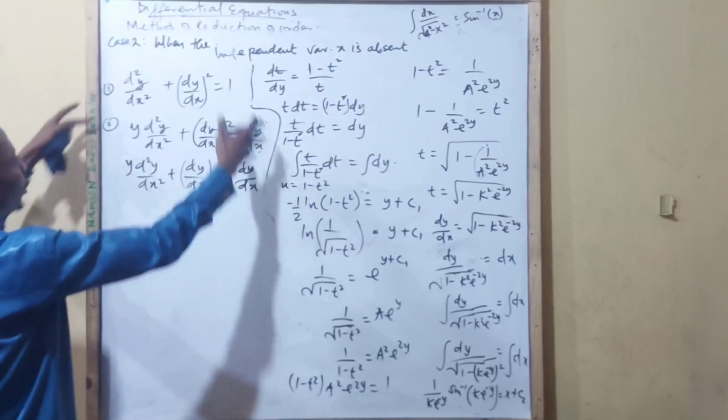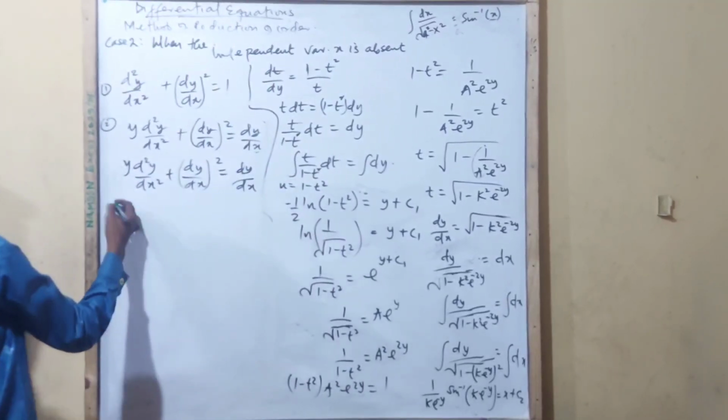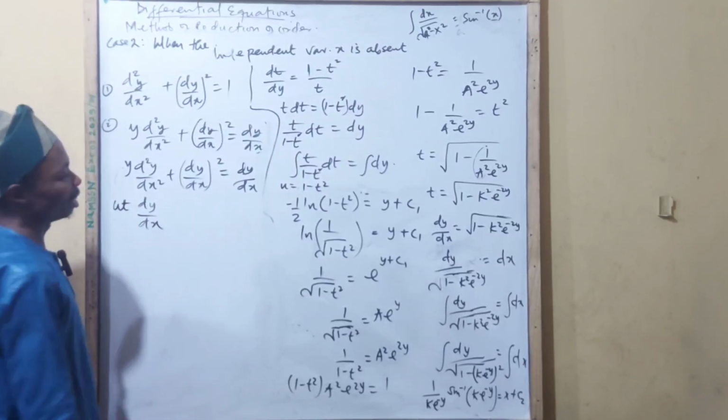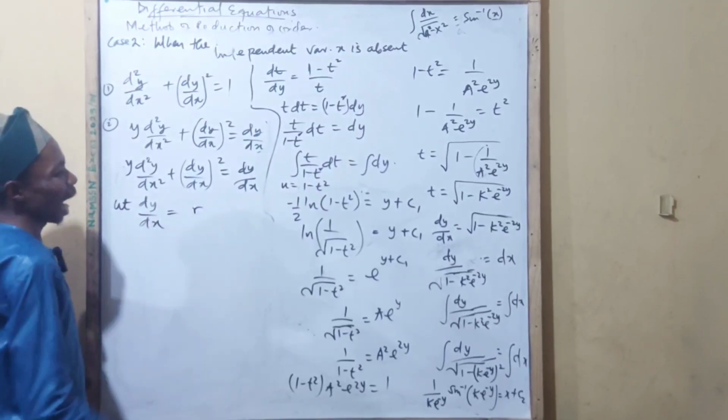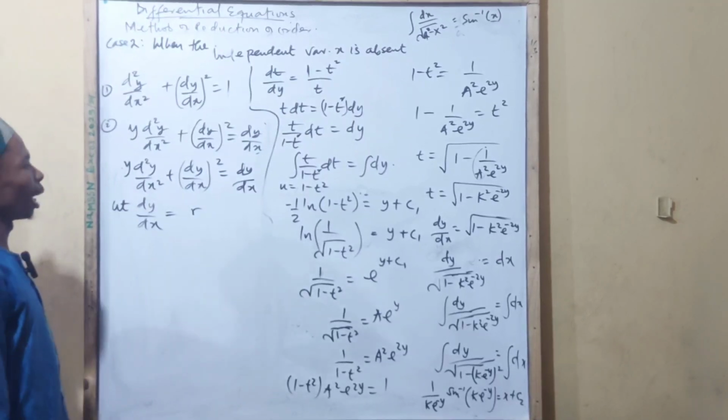So you observe that the independent variable x is no longer there. So we start by saying let dy dx, I'm tired of using t, you can use any letter, let's call it r. You have to be familiar with different variables. Let dy dx equals r.